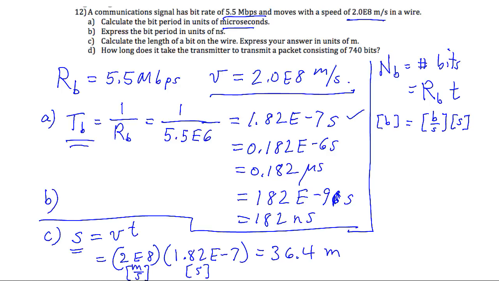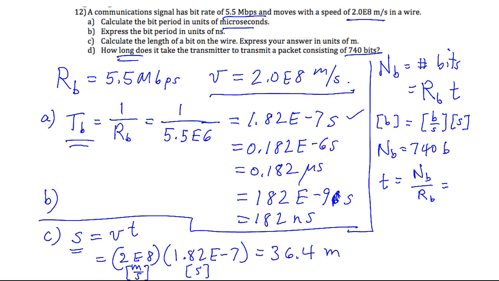So how long does it take to transmit? Here we're given 740 bits, so N_B is 740 bits. And it wants to know how long it takes. So I'm going to solve for t here. T is equal to N_B over R_B. And it's the 740 over my 5.5 times 10 to the 6th.